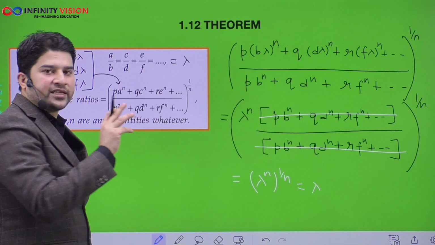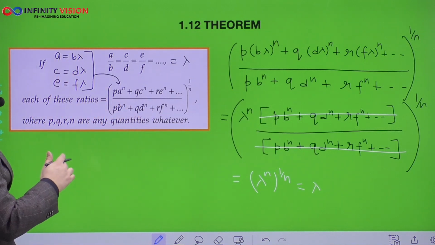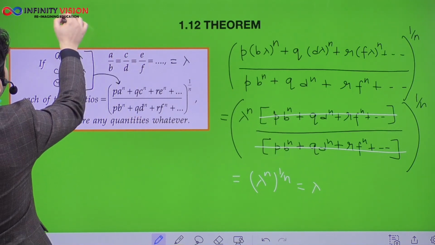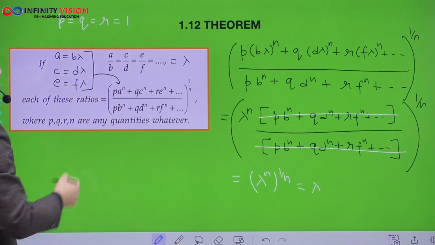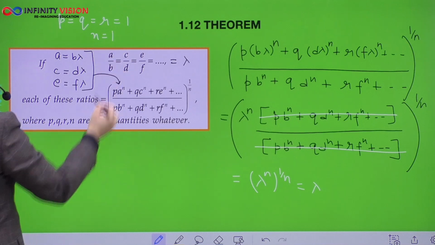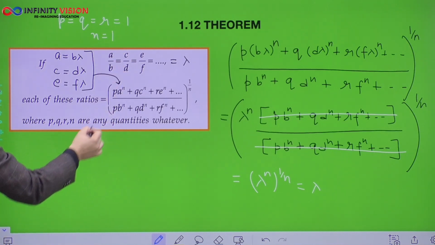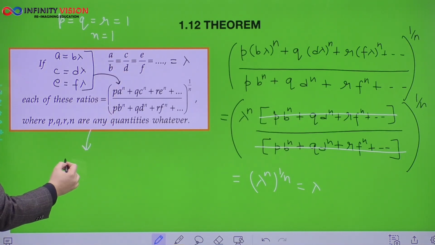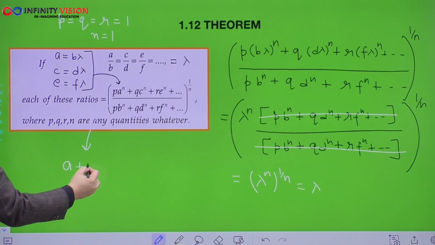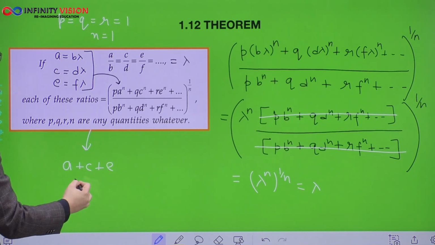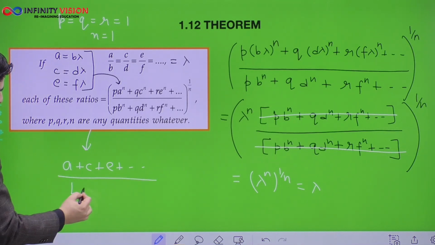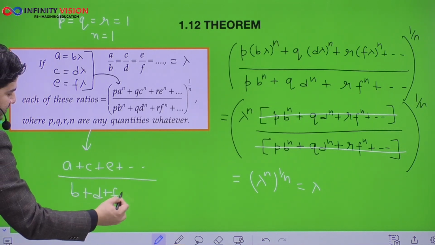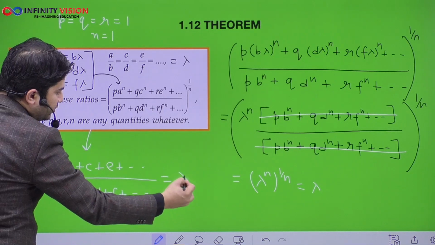One thing as a corollary you can notice: let's say I replace p, q, r with 1 and n also equals 1. So this thing will become a plus c plus e and so on upon b plus d plus f and so on, and this will be equal to lambda.